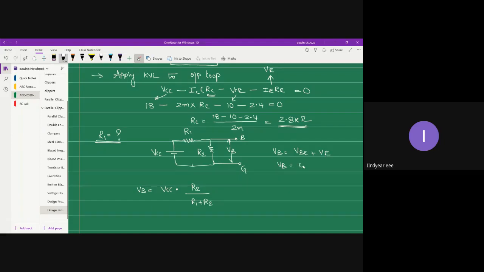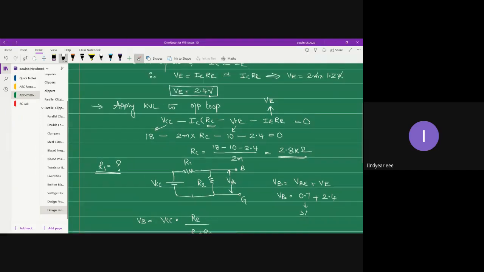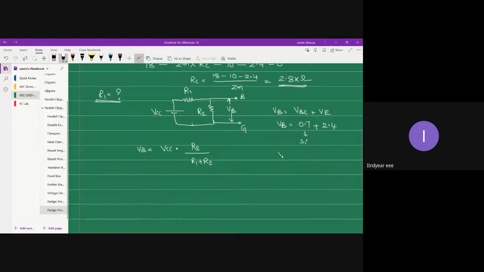So VB is equal to VBE, 0.7 for a silicon transistor, plus VE, 2.4, which we have already found in the previous step. That will give you the VB value. So how much is it? 3.1 volts.